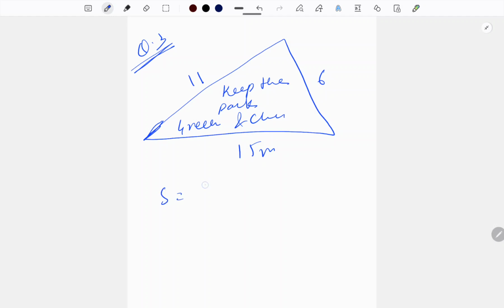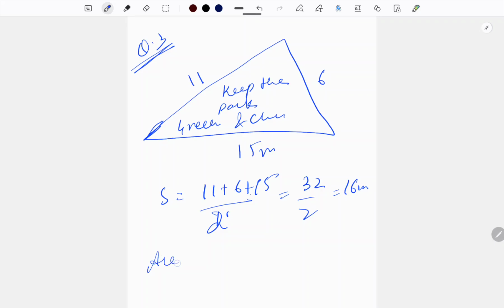So again S will be (11 plus 6 plus 15) by 2. So it will come 32 by 2 is equal to 16 meter.